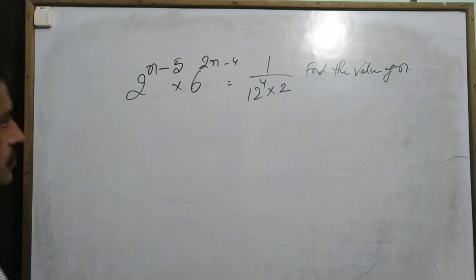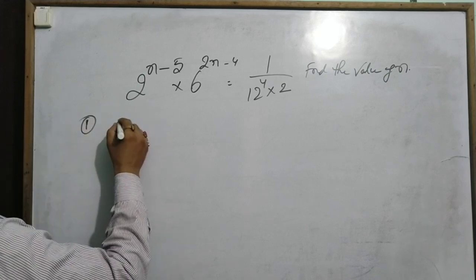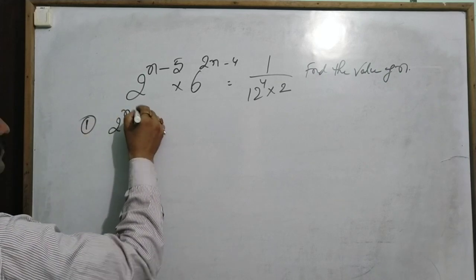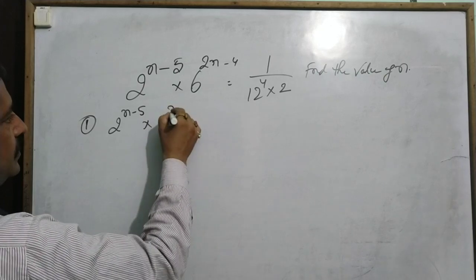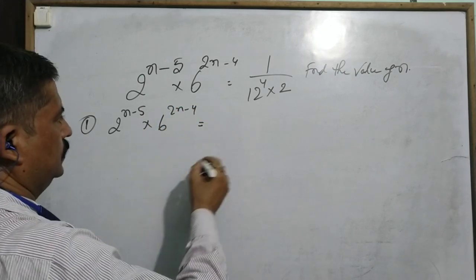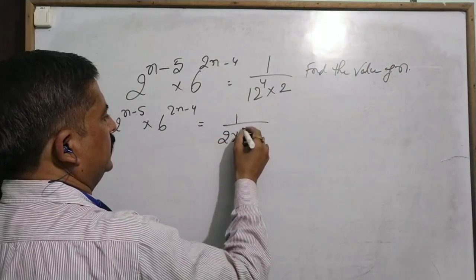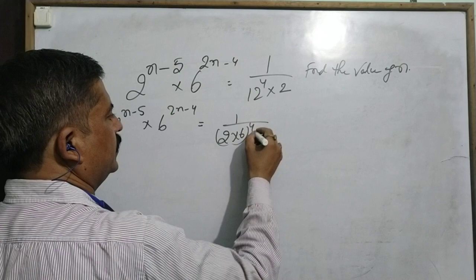So we solve it by different methods; first, if 2 to the power n minus 5 into 6 to the power 2n minus 4 is equal to, we write 12 as 2 into 6, to the power 4.